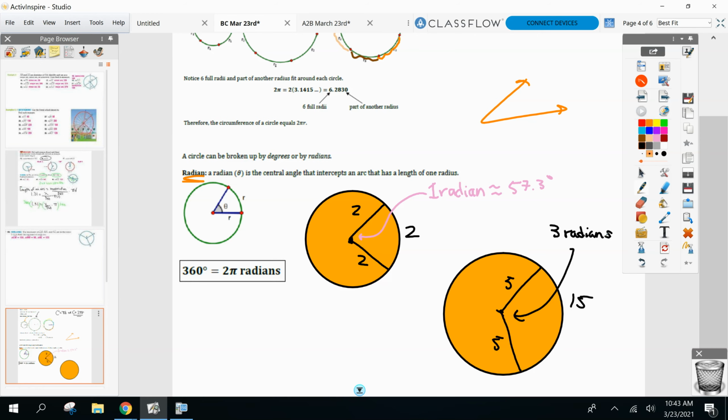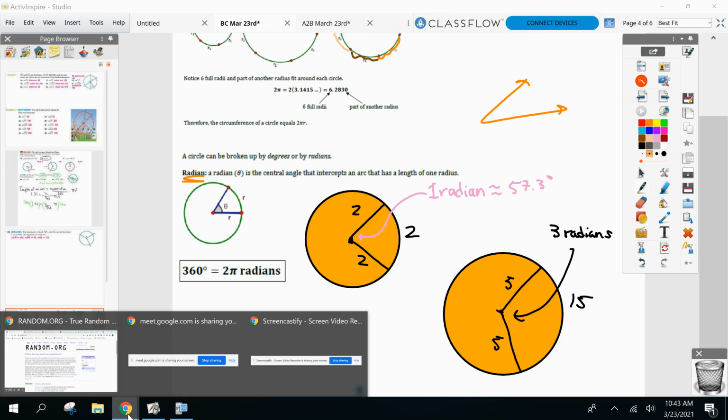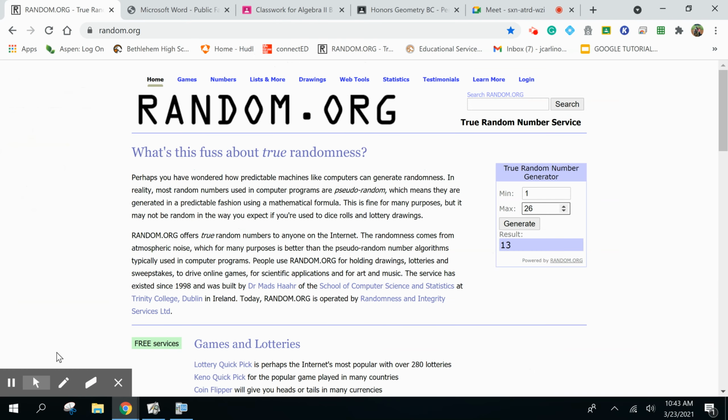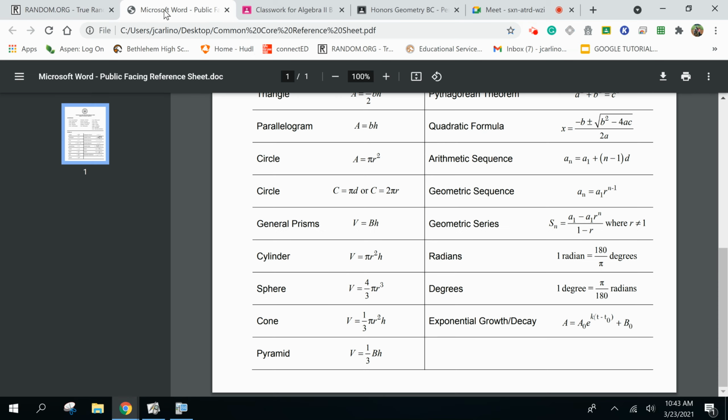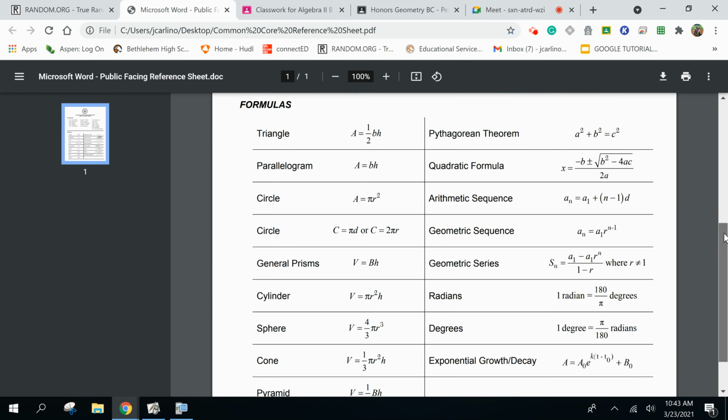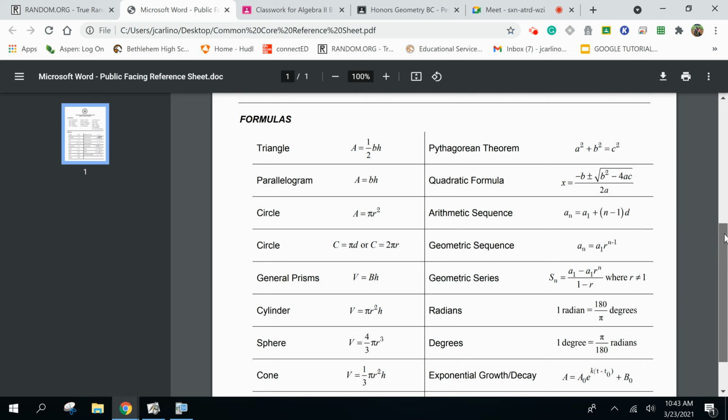First thing, before I show how to convert, I don't know if you guys have it on you or not. I have extra copies. Back when we did the quadratic formula, I think it was the similar triangles unit, I had given you guys this sheet, the reference. It's called a reference sheet. And I told you to hold on to it. I don't know how many of you actually held on to it or not. You guys at home, if you need this, it's up on Google Classroom right now under Unit 10.